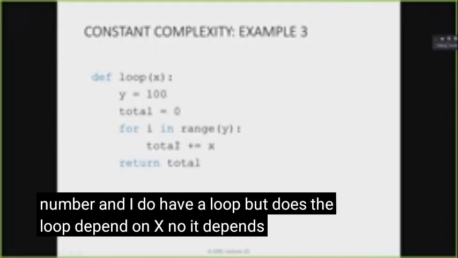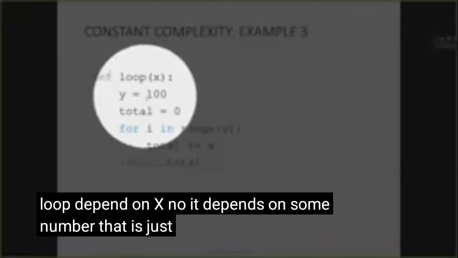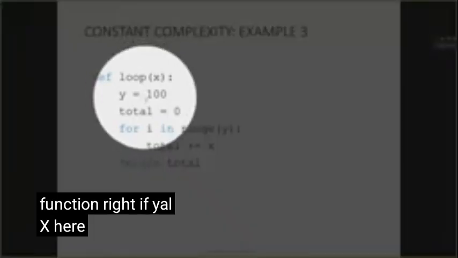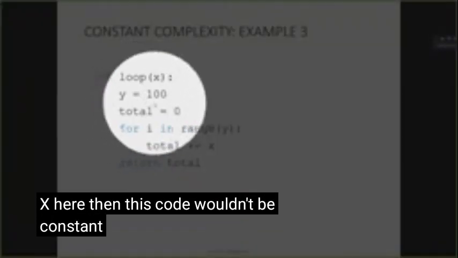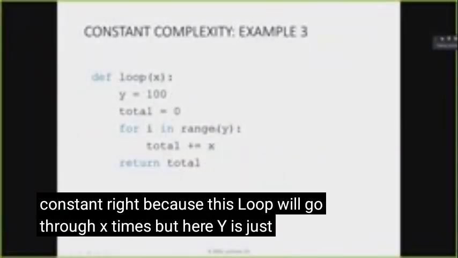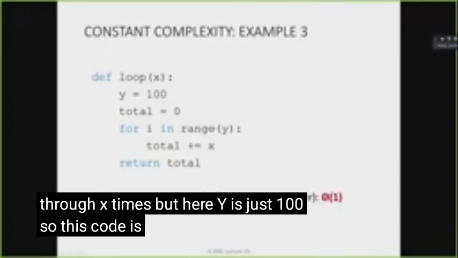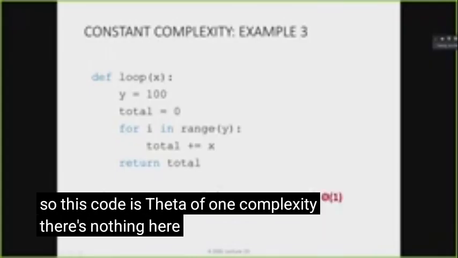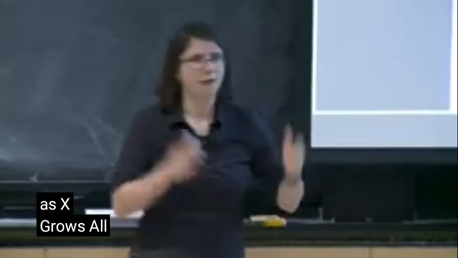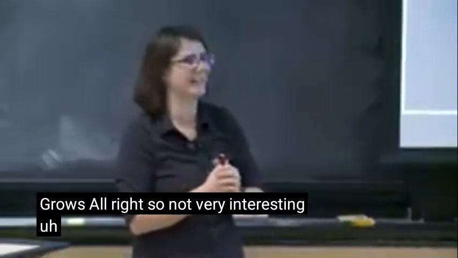No, it depends on some number y that is just 100 within my function, right? If y equals x here, then this code wouldn't be constant, right? Because this loop will go through x times. But here, y is just 100, so this code is theta of 1 complexity. There's nothing here that depends on x as x grows. All right, so not very interesting examples there.